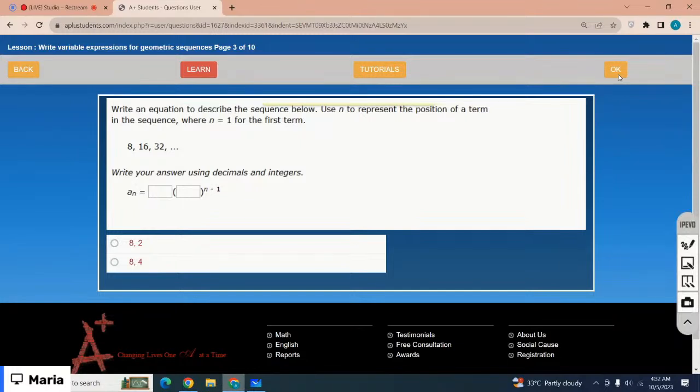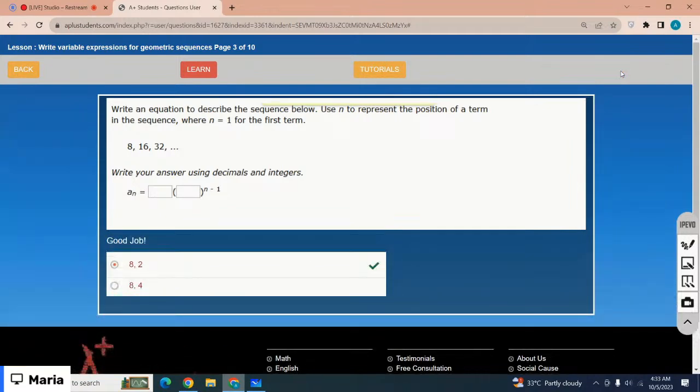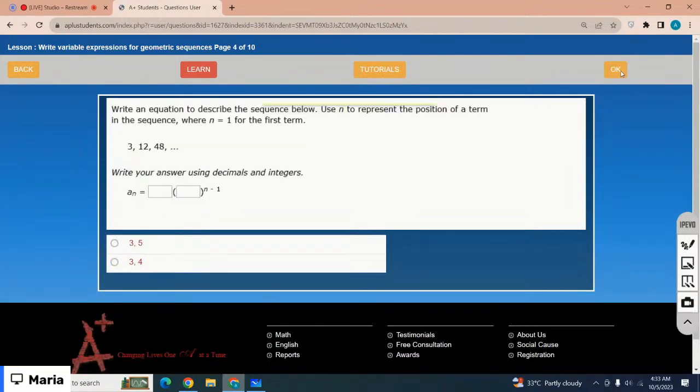So which is the correct option? Option number 1 is the correct one, right? They are 8 and 2. Okay, write an equation to describe the sequence below. Use n to represent the position of a term in the sequence where n equals 1 for the first term. So which is the correct option?